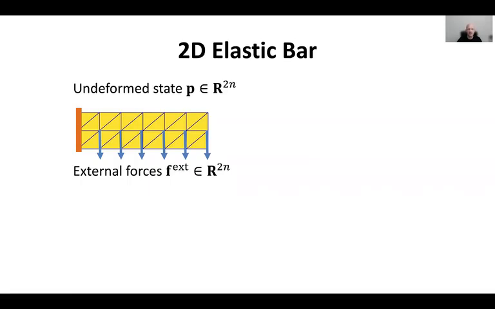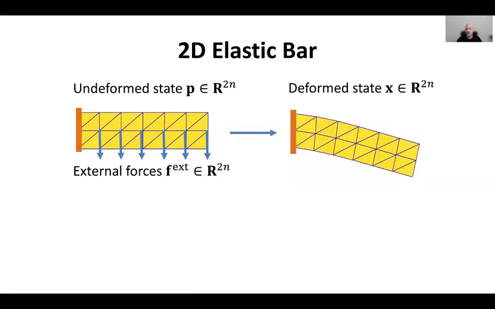We'll use the undeformed state of that elastic bar as the parameters, which we call P, and we'll assume that the whole system has n nodes, and because we're in 2D, we have 2n degrees of freedom. Now, for a given choice of rest state, for a given choice of parameters P, and given external forces, we can compute the corresponding equilibrium state, the deformed state, X, just by using simulation.